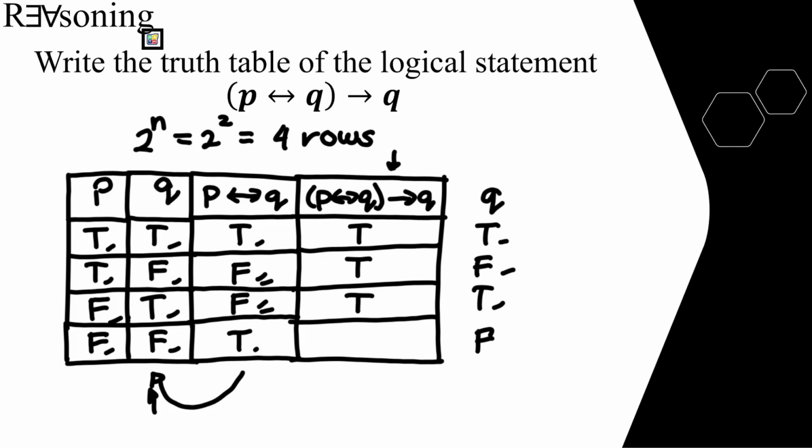Finally, we have here true, this is false, they are not of the same truth value, and your hypothesis is true, automatically this is false. This is now the truth table for your logical statement: if P if and only if Q, then Q.